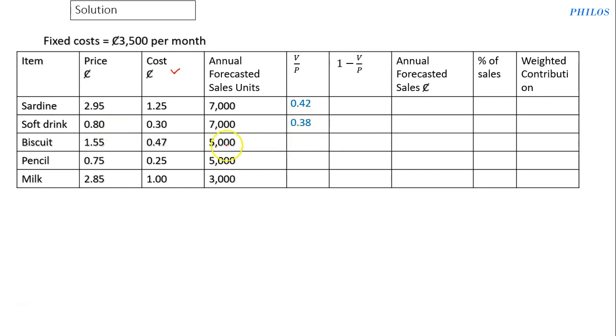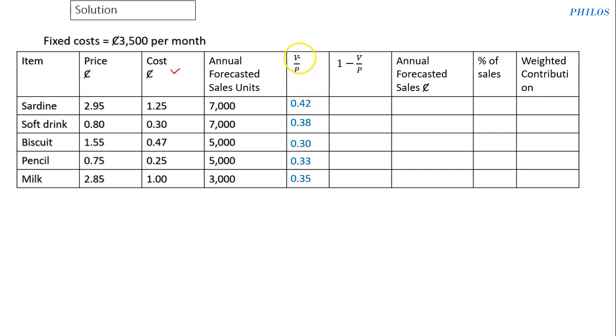The next one is 0.47 divided by 1.55, and that will give you 0.30 in 2 decimal places as well. And then 0.25 divided by 0.75, and that will give you 0.33 in 2 decimal places. Then 1 divided by 2.85, and that will give you 0.35 in 2 decimal places.